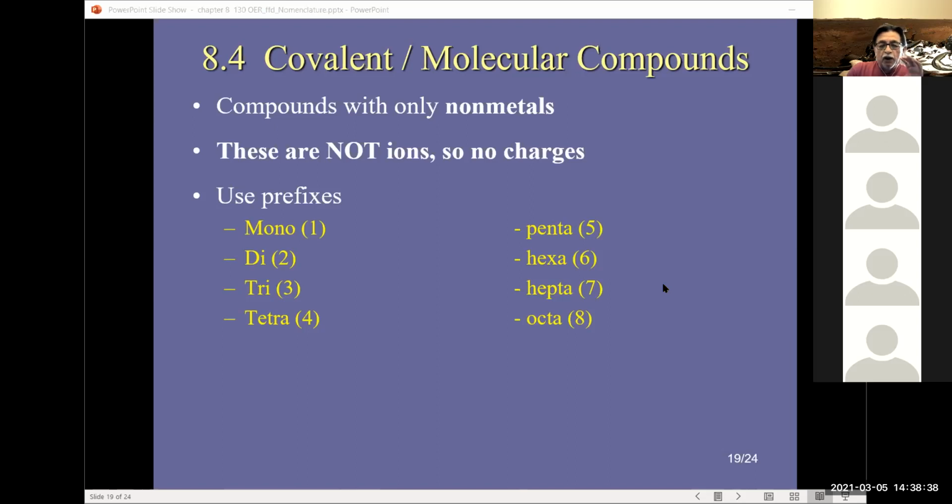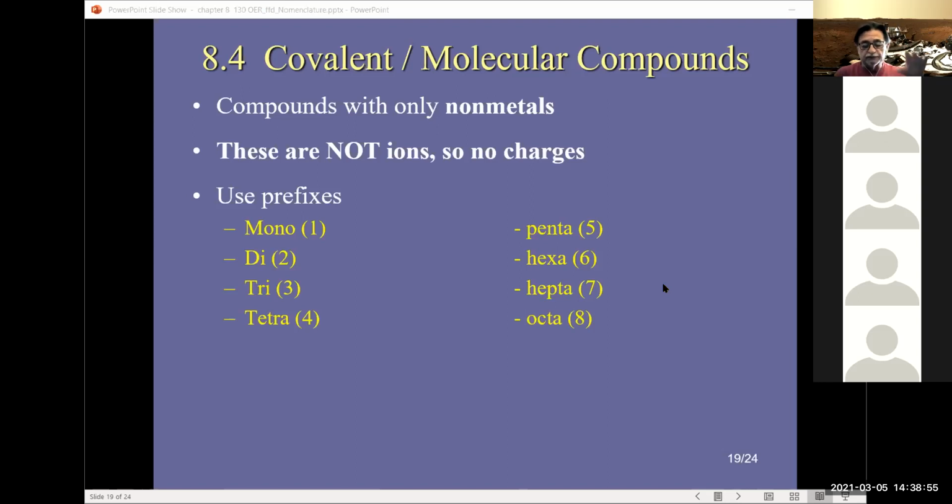All right, so as we talked about with ionic compounds and naming, other than using the Roman numeral for the ones that had a variable charge, we don't use any prefixes. But over here, we do with respect to covalent compounds.